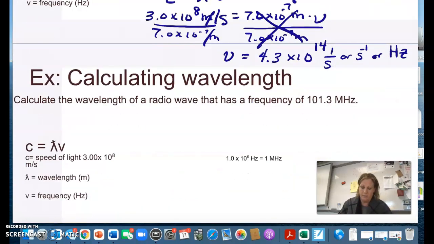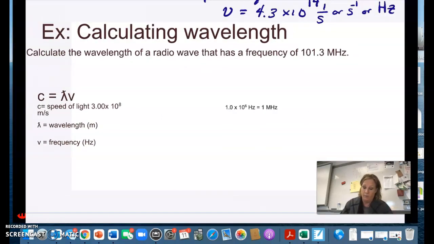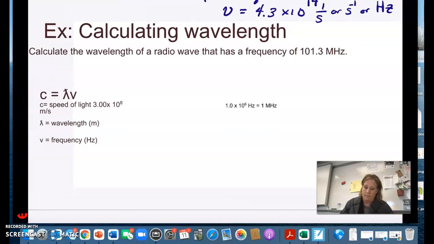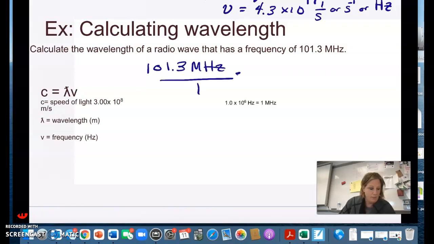The next example, we're going to calculate the wavelength of the radio station that we have, 101.3. And the unit is in megahertz. So we are going to need to convert that. So we know our frequency of that radio wave is in megahertz.